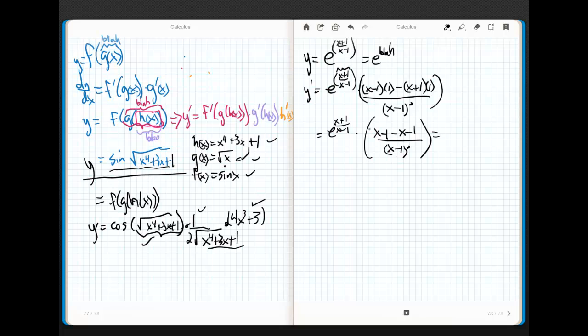You always want to take it one algebraic step further, but this one's obvious to see that my x's cancel, and this actually gets pretty cute, doesn't it? Negative 1 minus 1 is negative 2, so I could actually rewrite this as negative 2e to the (x plus 1) over (x minus 1), all over (x minus 1) squared. That's pretty. So the moral of that story is don't disregard your other rules.